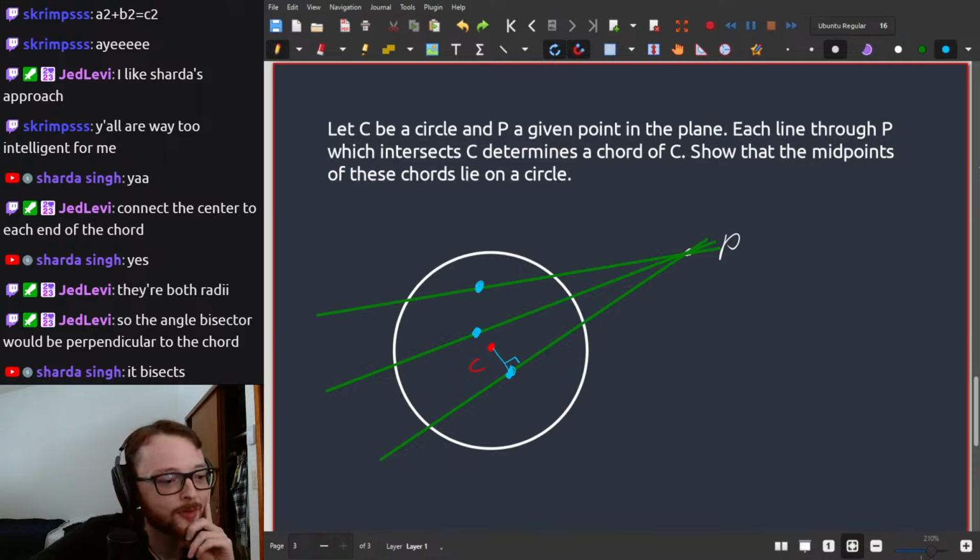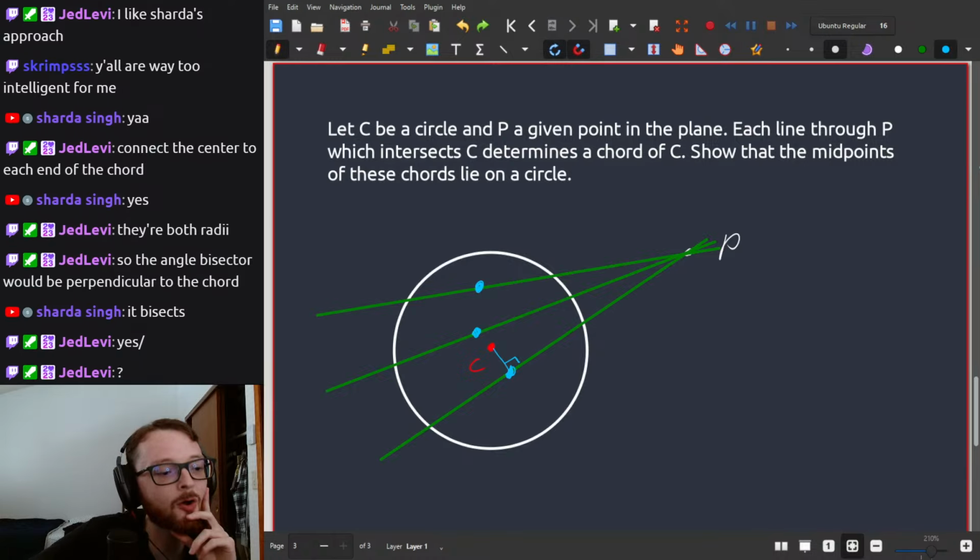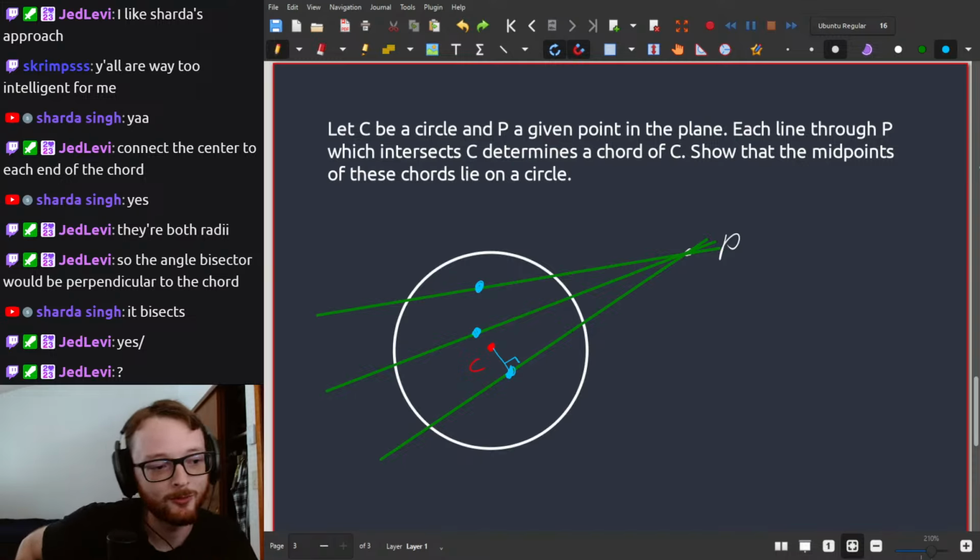Connect the center to each end of the chord. They're both radii. So the angle bisector. Oh, fair. Yeah, Jed. That makes sense. Because it's an isosceles triangle.